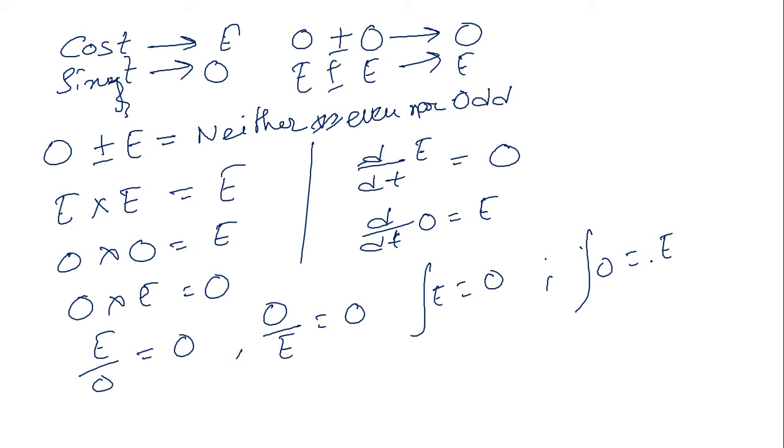This way you can detect the combination of signals: maybe both are odd, maybe both are even, maybe one is odd and one is even. By this you can directly conclude whether the combination is even or odd.